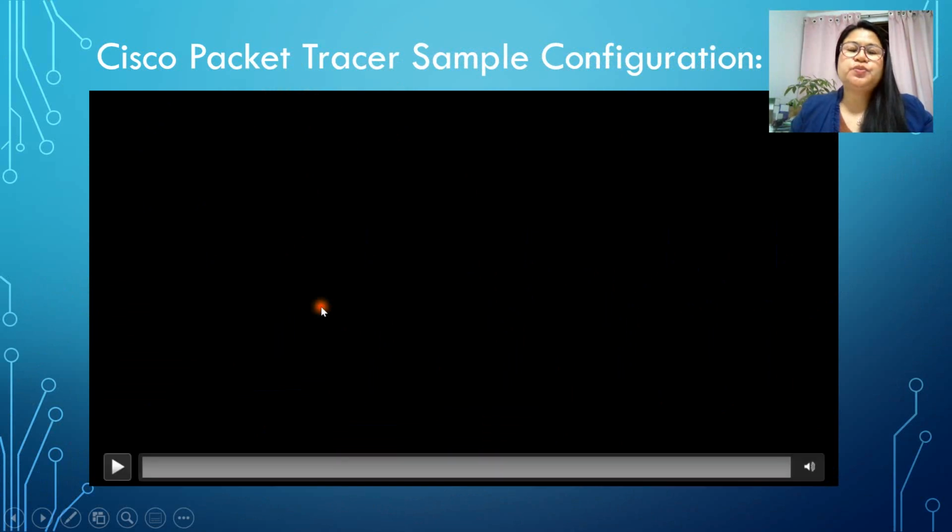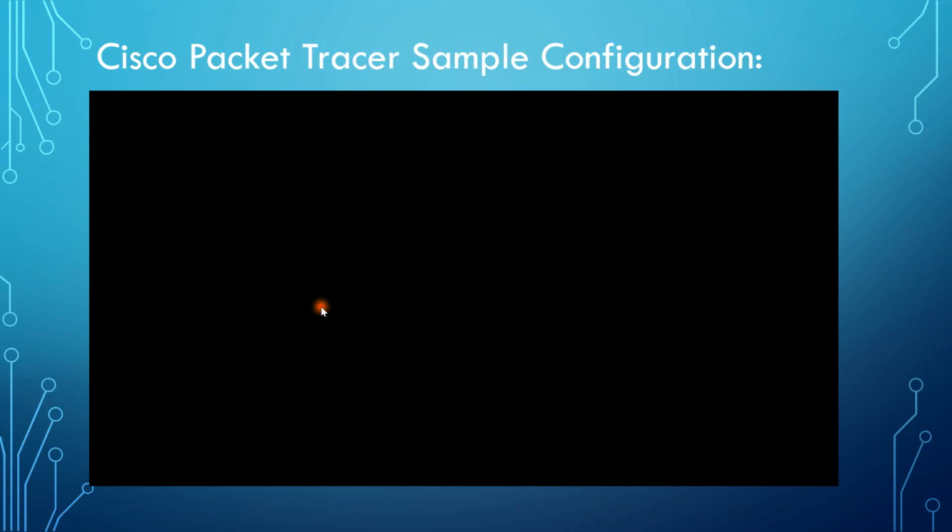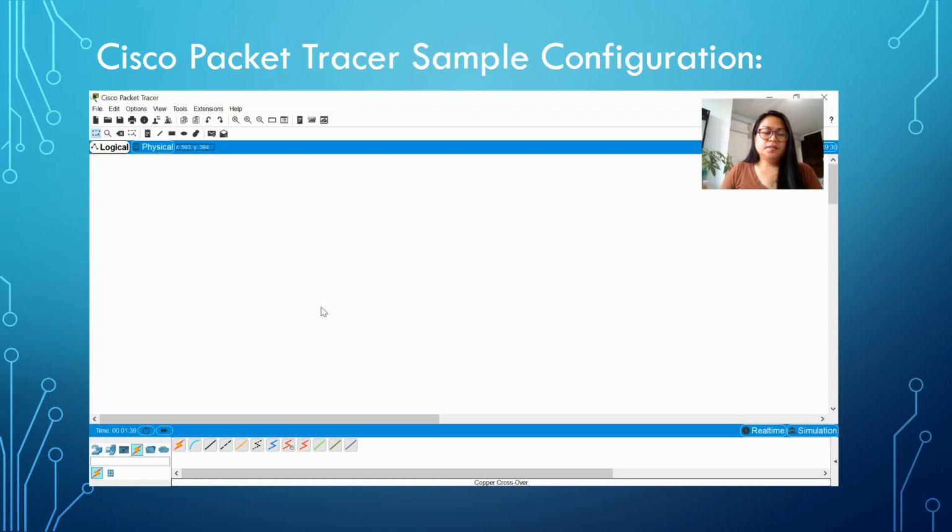Now I will show you some sample configuration through Cisco Packet Tracer. So now, as we have discussed the components of the network, I will show you examples of the different devices. First, I will show you examples of the end devices.